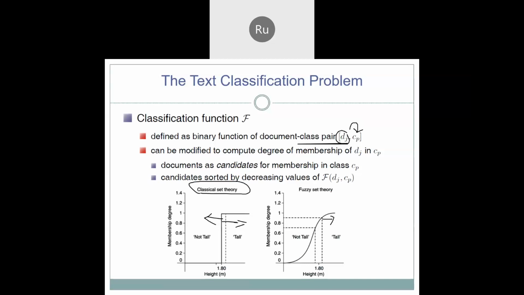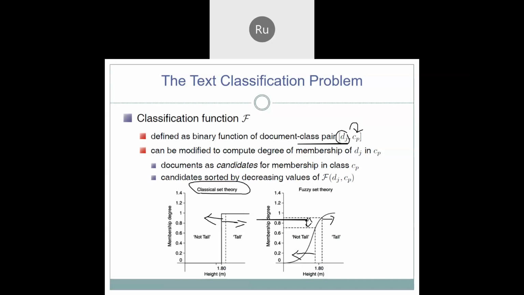But if they are here, they are more into the not tall category. So it depends on the degree of membership. Over here is the gray area, and it is up to us how to define that.